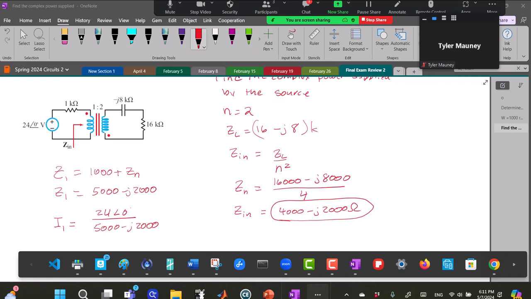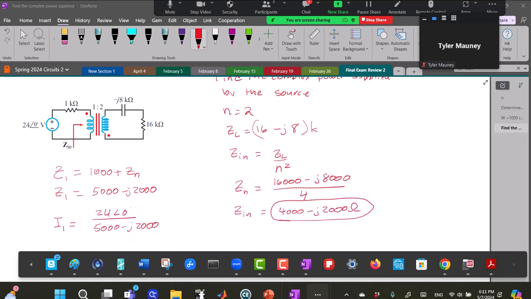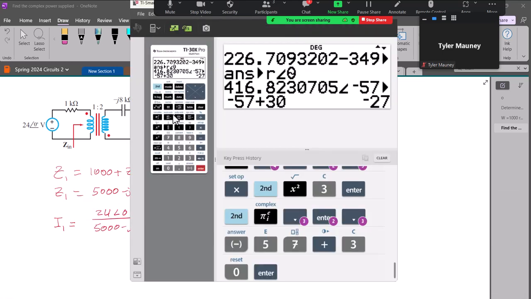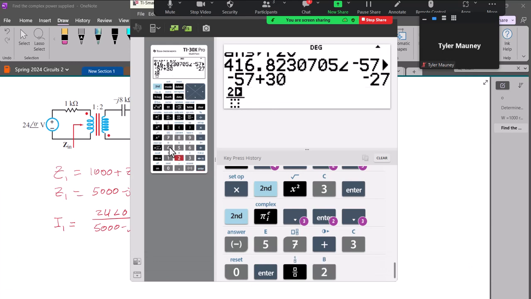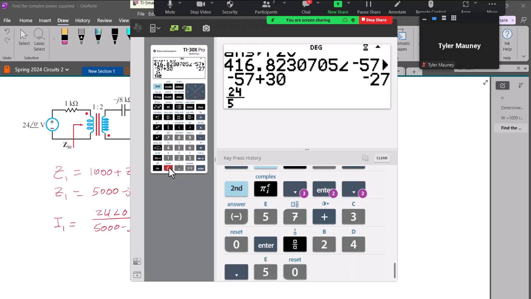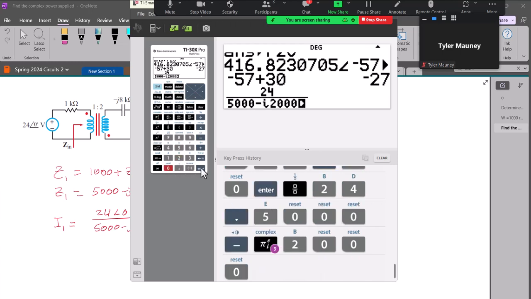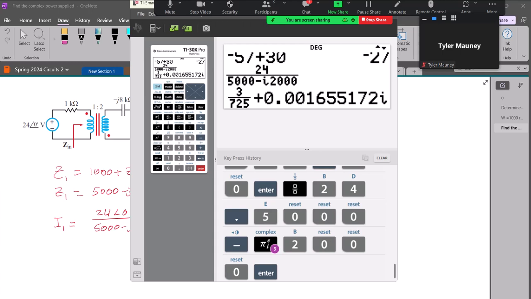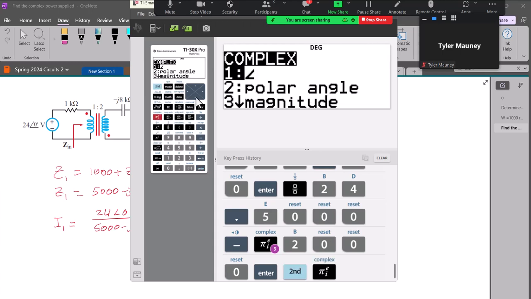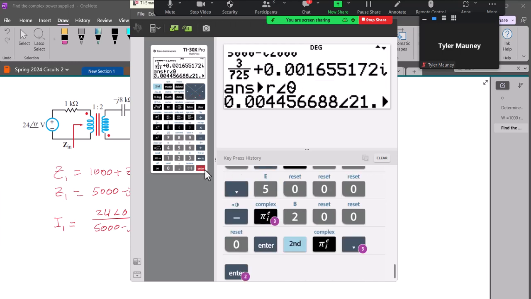Where's my calculator? And so I get 4.45 milliamps.